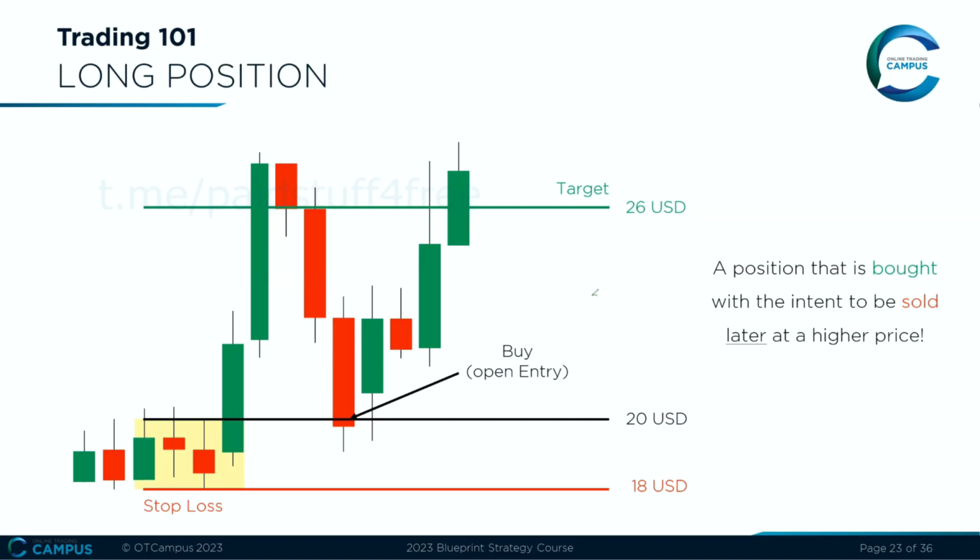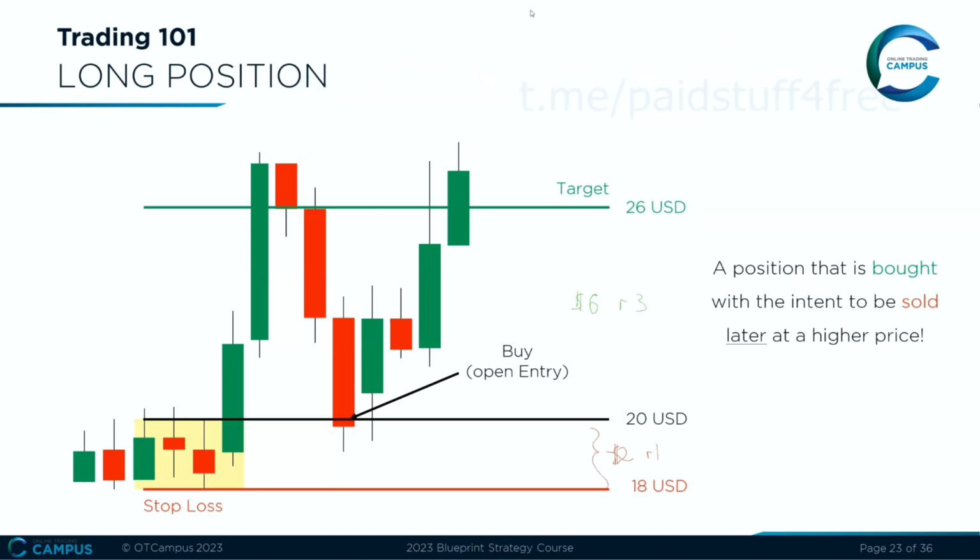I make $6 from 20 to 26, and I'm potentially risking $2 from 20 to 18. So the difference between losing $2 and making $6 is I have a risk of 1 and a reward of 3.